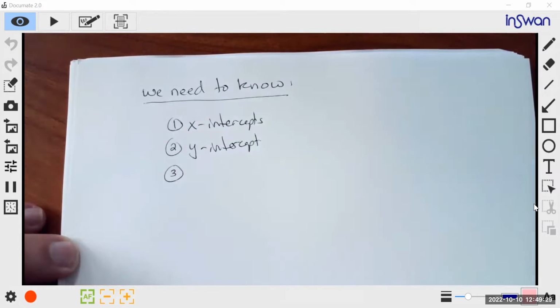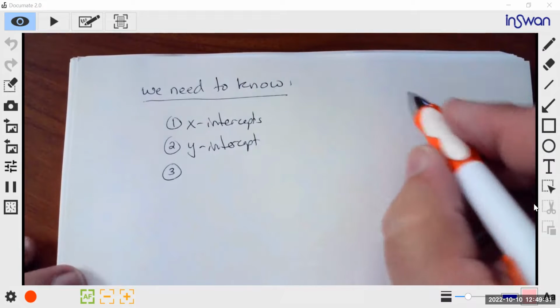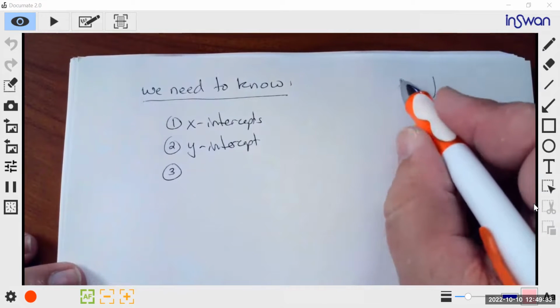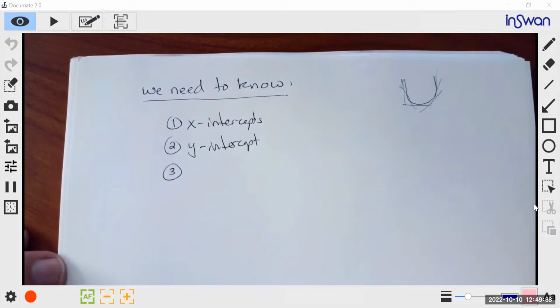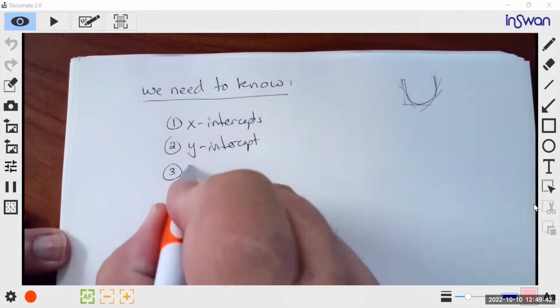No, because it's a parabola, the slope changes no matter where you are. It's a different slope everywhere around it. So that doesn't work. We have to know the vertex.